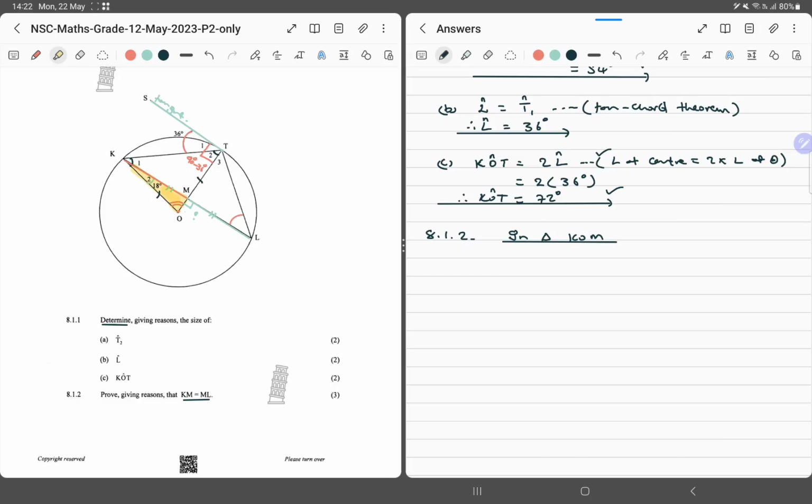We know that OML is equal to KOM, KOT plus K2. This is an exterior angle of a triangle. We've already stated which triangle we're talking about. Now KOT, we found out it's 72 degrees, plus they're telling us that that is 18 degrees, and this is definitely 90 degrees.